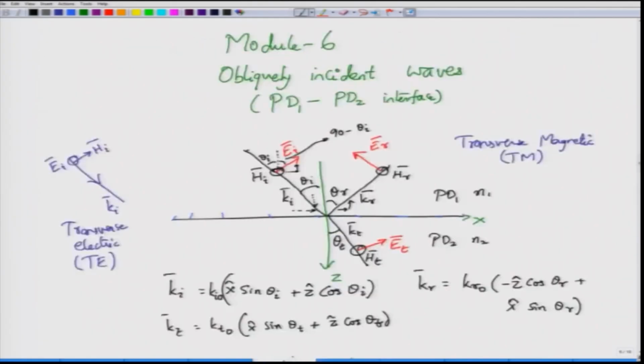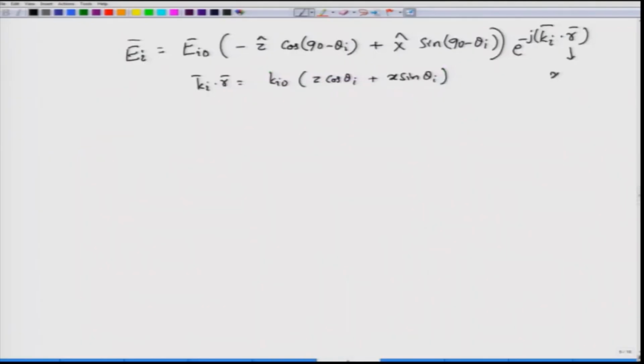Because you can go back to the Ki expression here and take a dot product with the position vector r, and in this case the position vector r is given by x hat plus z hat. This is the plane of the medium that we are actually interested in. So, this becomes x hat plus z hat, and when you look at Ki dot r, this is what you are actually going to obtain.